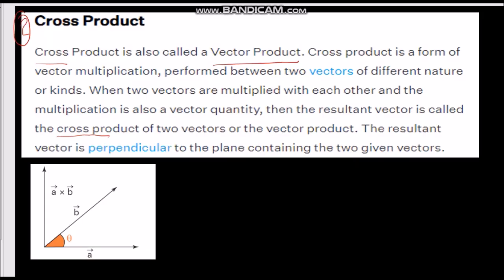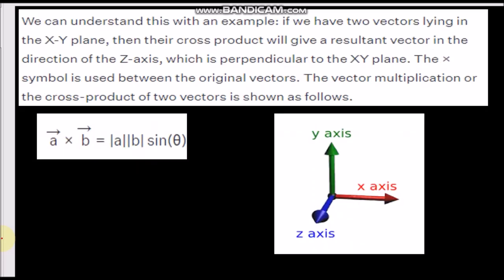So here is vector a and vector b, and here is the cross product, not the x. We can understand this with an example. If we have two vectors lying in the xy plane, then their cross product will give a resultant vector in the z direction, which is perpendicular to the xy plane.